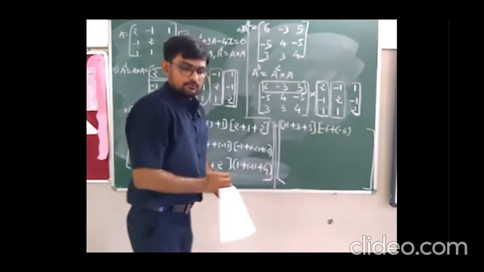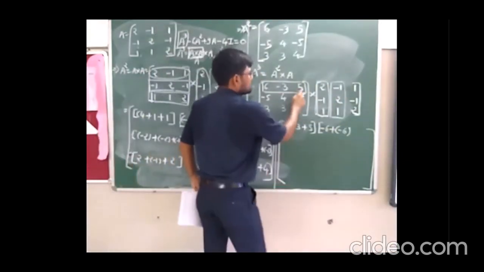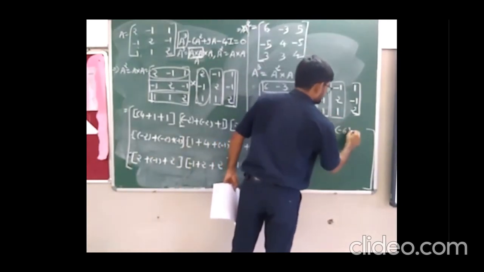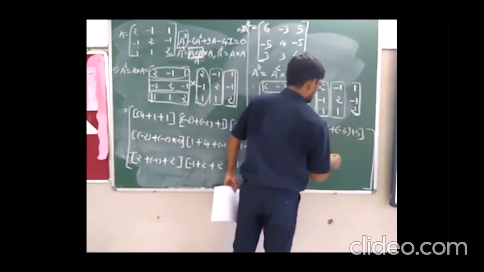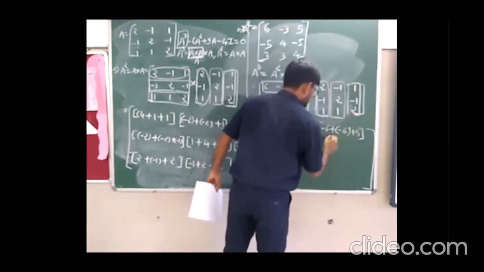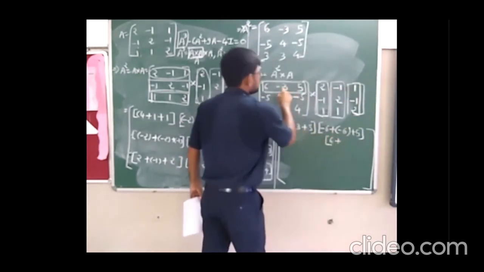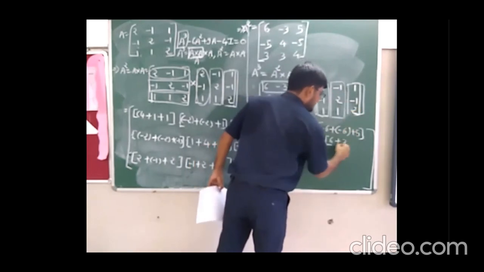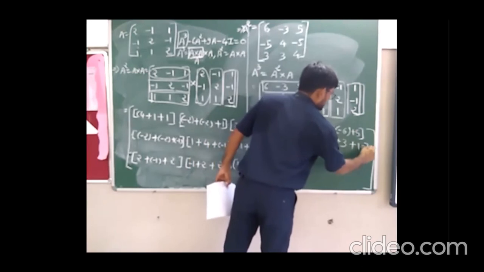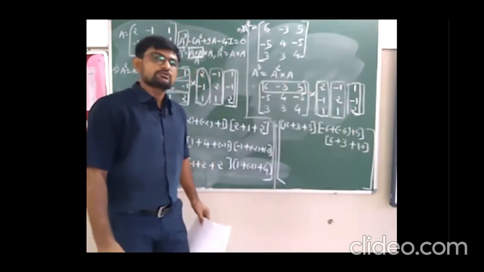And third into third element, that is 5. Now first into last column, third column. 6 into 1, 6 plus minus 3 into minus 1, 3 plus 5 into 2, 10. So this is the multiplication of first row with all columns.